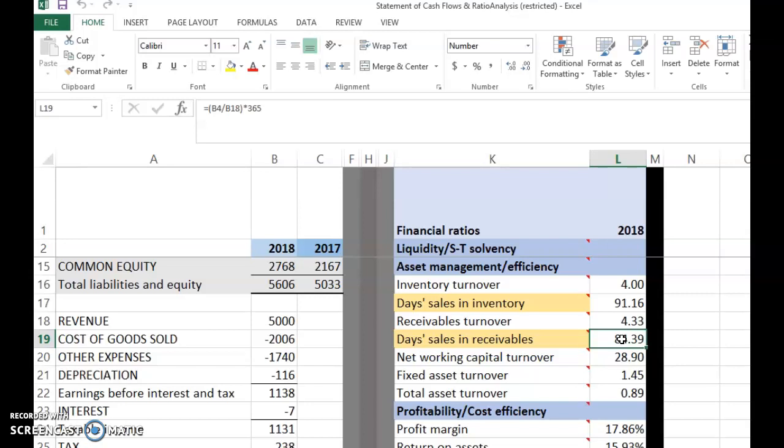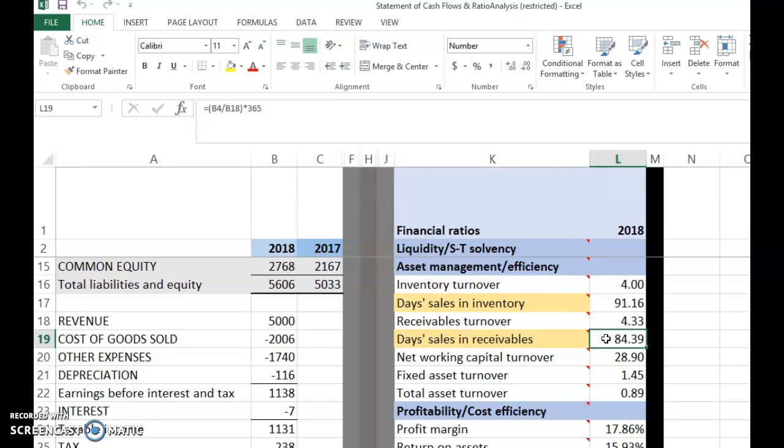Okay, we were discussing in the last clip the day sales in receivables. How do you compute that? It is just the reciprocal of the receivable turnover multiplied by 365 days. So another way of doing this, you can take 1 divided by 4.33 and multiply with 365, you get 84.39.